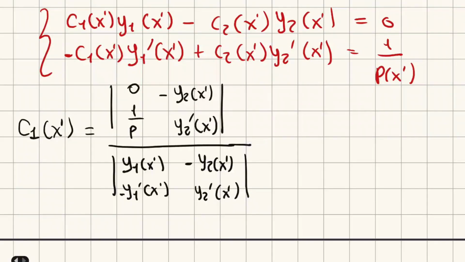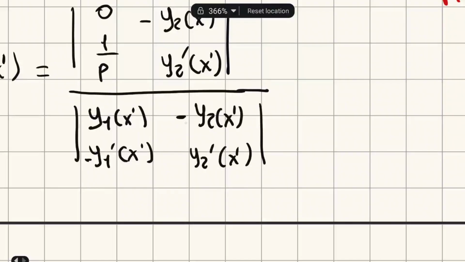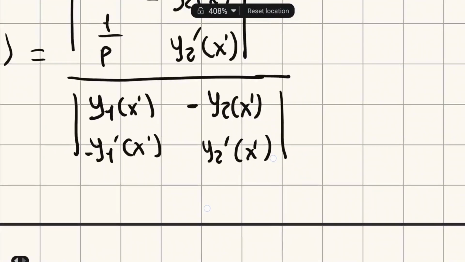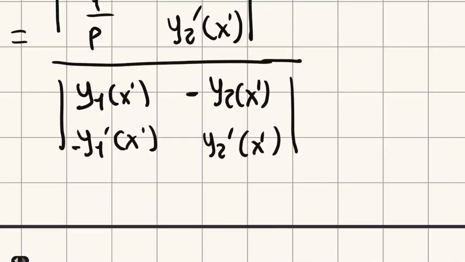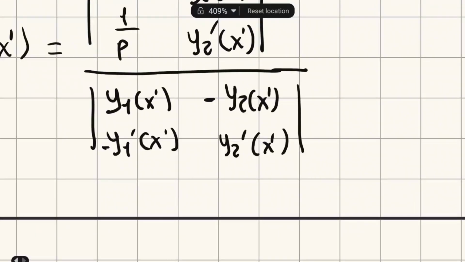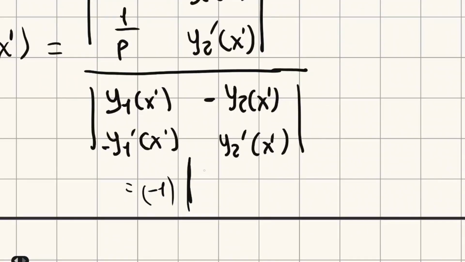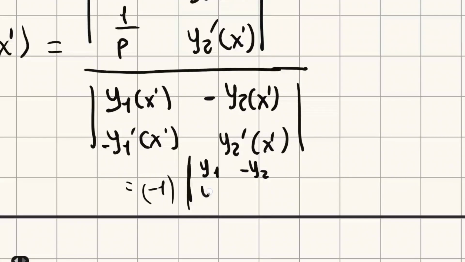Recall that whenever you calculate a determinant, you can take out a common factor, minus 1 in this case. For example, if we take this minus sign out of the determinant, we can just multiply the whole determinant by that element, right? So this will be something like minus 1 times the determinant of y1, minus y2, y1 prime, and minus y2 prime.